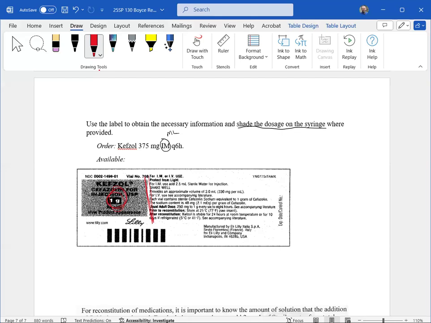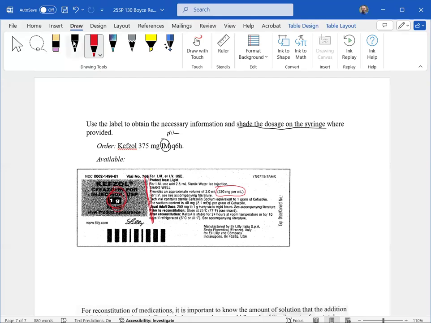It tells us to add 2.5 milliliters sterile water. Then it says when we do that, after we shake it up, it's going to provide a volume of 3 milliliters. And this is the important thing right here: what I'm looking for is that 330 milligrams per milliliter. That is your available. That's what you're looking for.